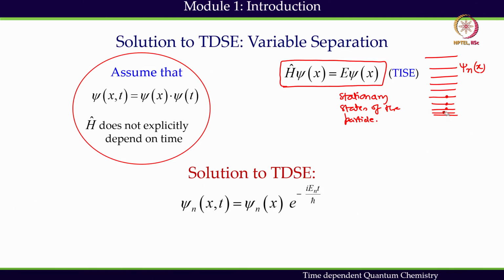particle. The particle can stay here, the particle can stay here, the particle can stay here, all possible states, but their energies are different. So each particle, depending on where it stays, can have a different energy. So this way energies are increasing, and this kind of states is actually called the spectrum of the quantum system. Each solution is represented by psi_n(x), and that is called the stationary state wave function.